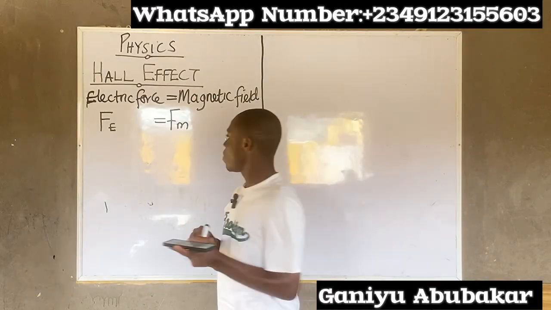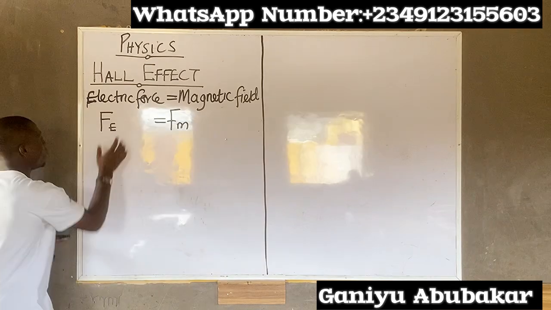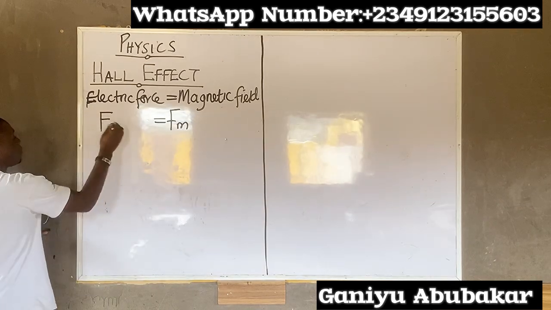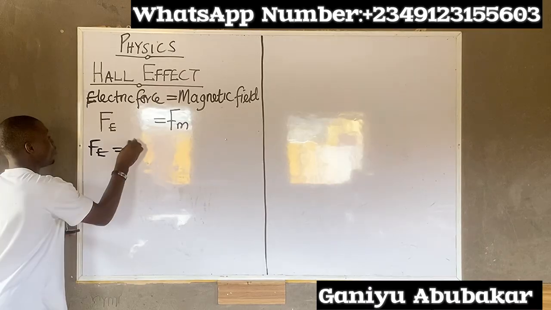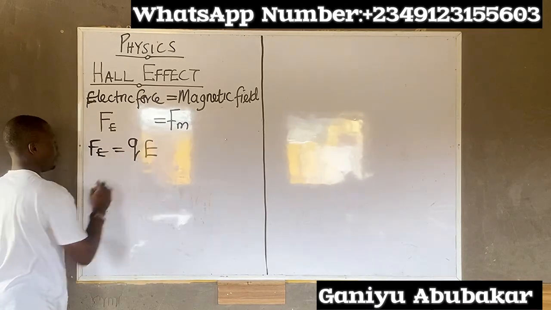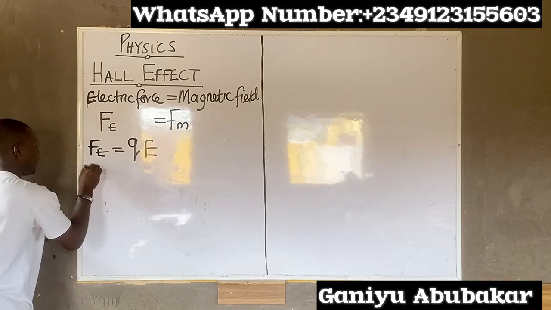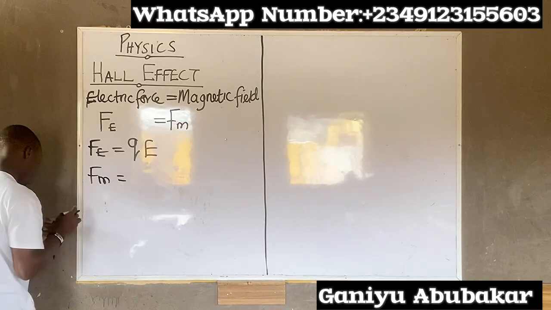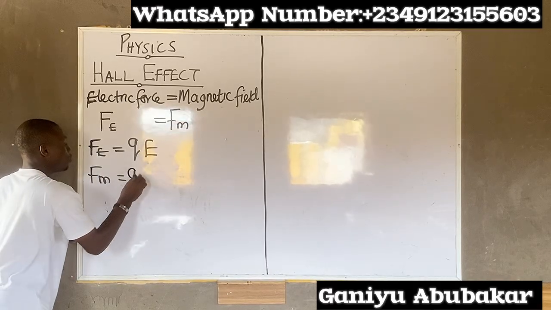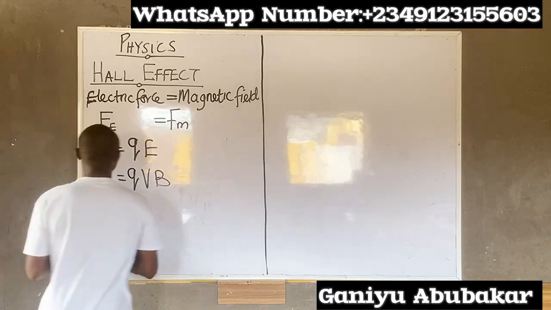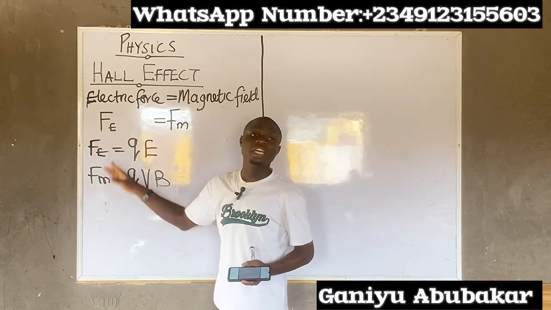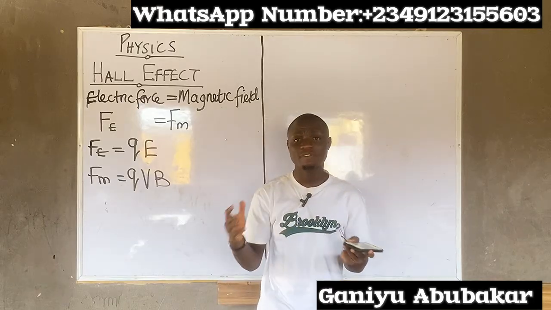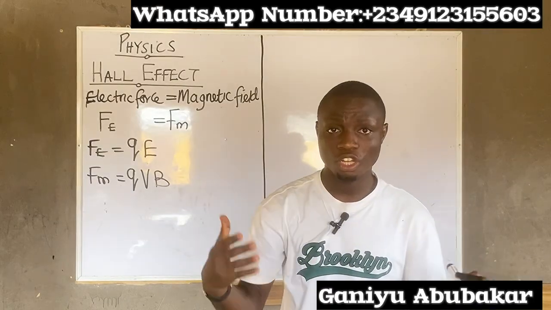First things first, what is electric force? Fe is equal to QE, and Fm is equal to QVB. These are the expressions for electric force and magnetic force. If these two are the same, I'll have to equate the equations.